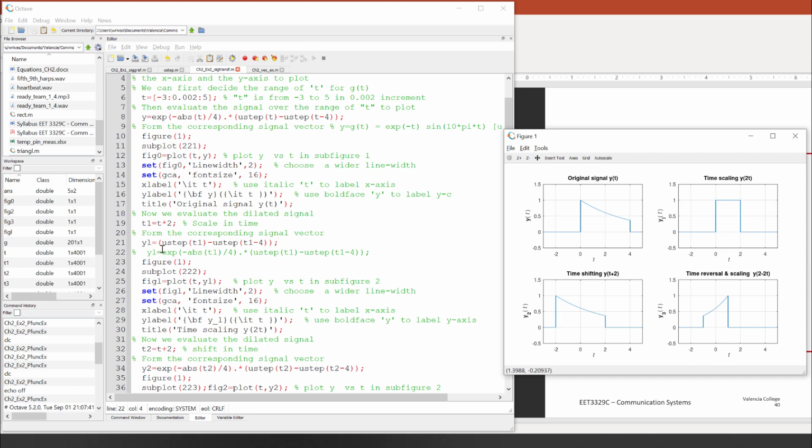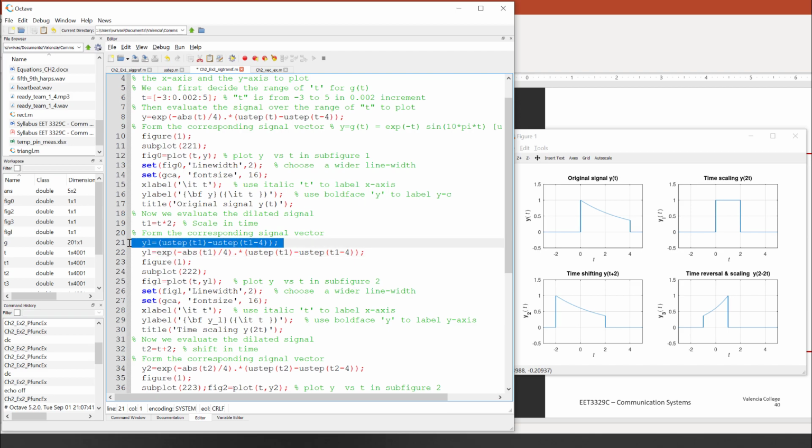There's a factor of 2 somewhere that's bothering me. Let me see, t1. Yes, because I multiplied t1 by 2. I needed to do it at the other place. I apologize for that. Let me go ahead and do that, Control Shift R, and do this where I intended it to be.